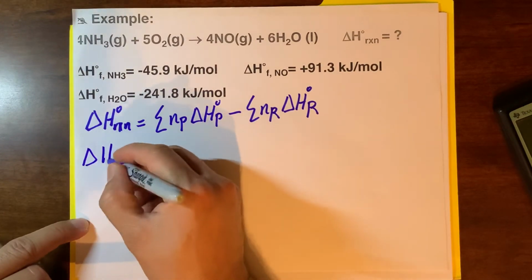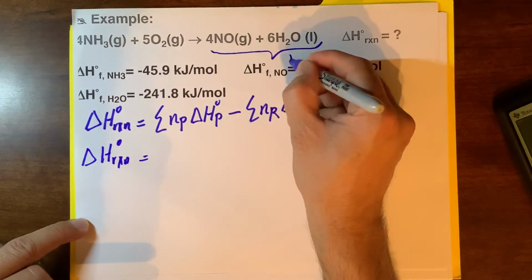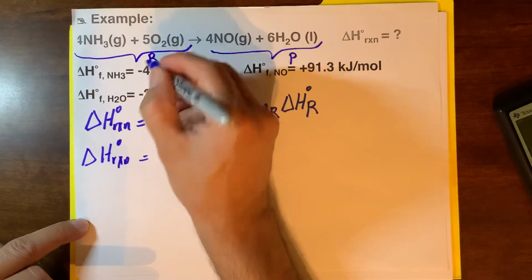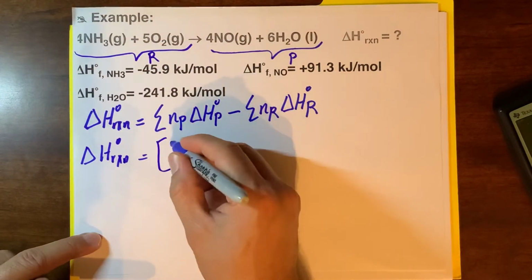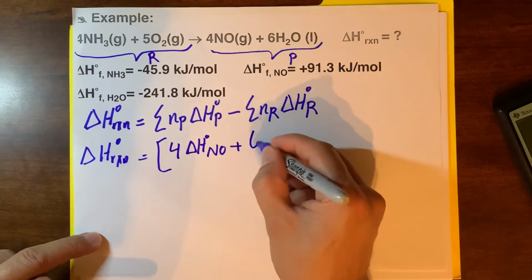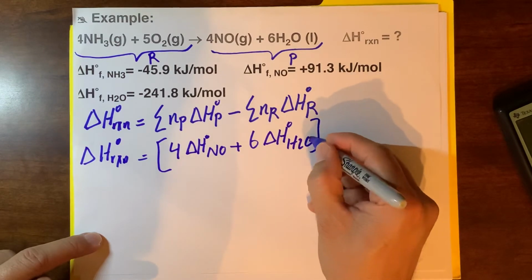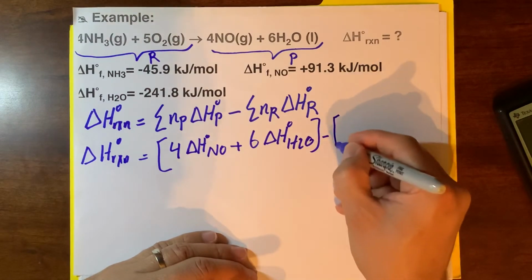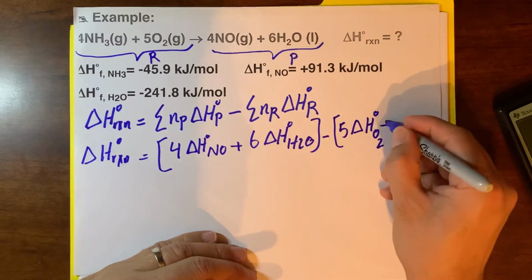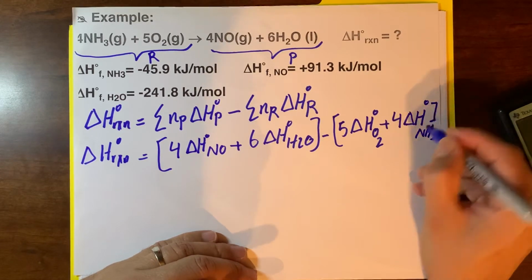So delta H of the reaction is going to be, those are the products, the right side of the equation, and the left side the reactants. So I go with 4 moles multiplied by delta H of NO plus 6 moles multiplied by delta H of H2O, minus 5 multiplied by delta H of O2 plus 4 multiplied by delta H of NH3, and we close it.